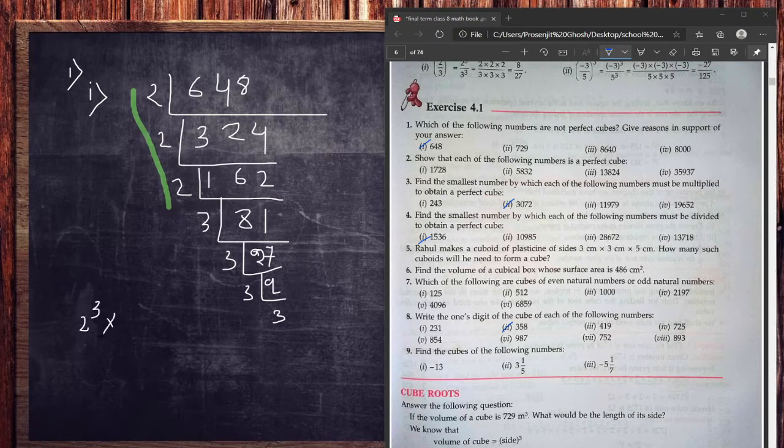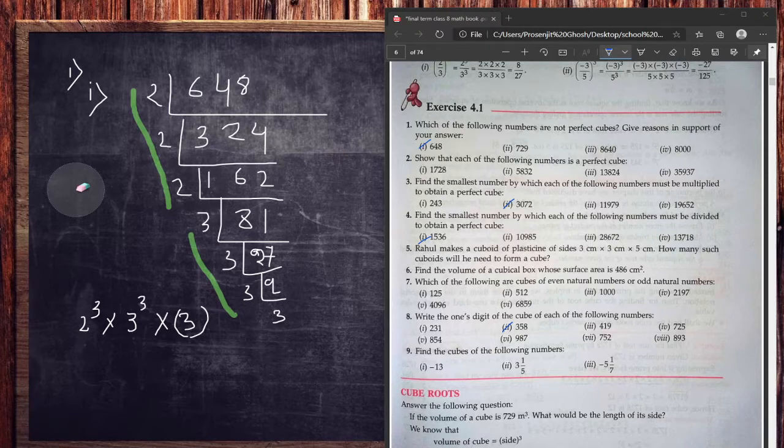After that, 3 3's already, so that is nothing but 3 cube, but an extra 3 is there. So 2 cube, 3 cube and 3 is there. Now as you can see that an extra 3 is there, so you can say that it is not a perfect cube.